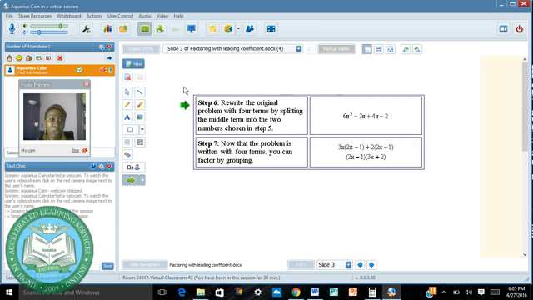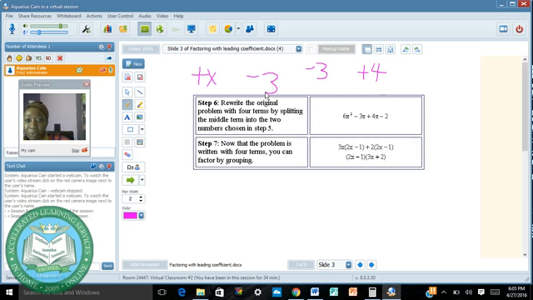So remember, the 2 numbers that we chose were -3 and +4. So I'm going to rewrite my plus x as -3x plus 4x. I'm just going to do a substitution. x itself is going to equal -3x plus 4x, because if you combine them together, that's going to give you a +x.